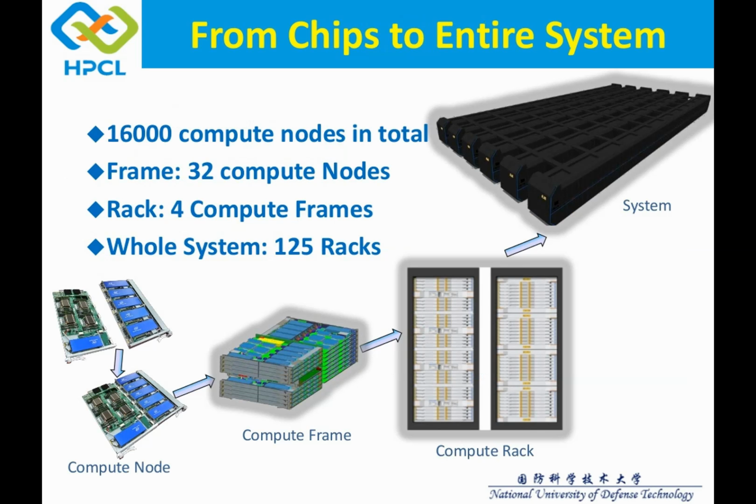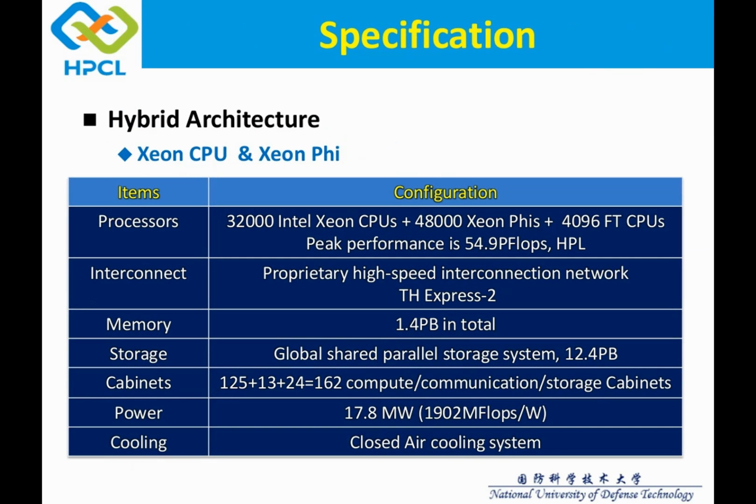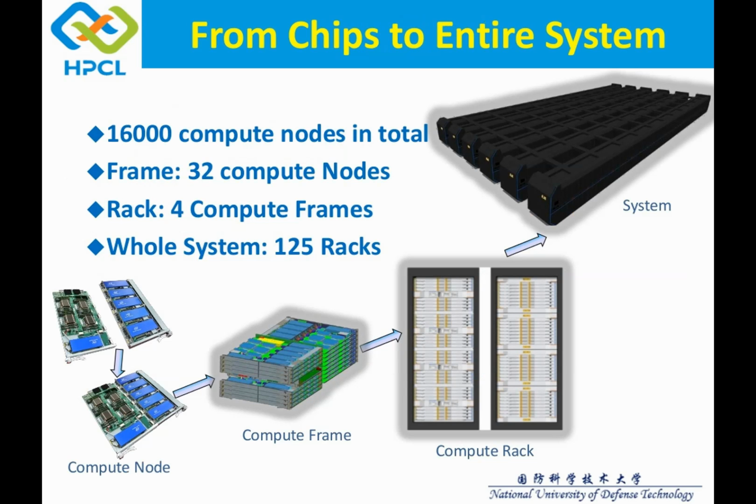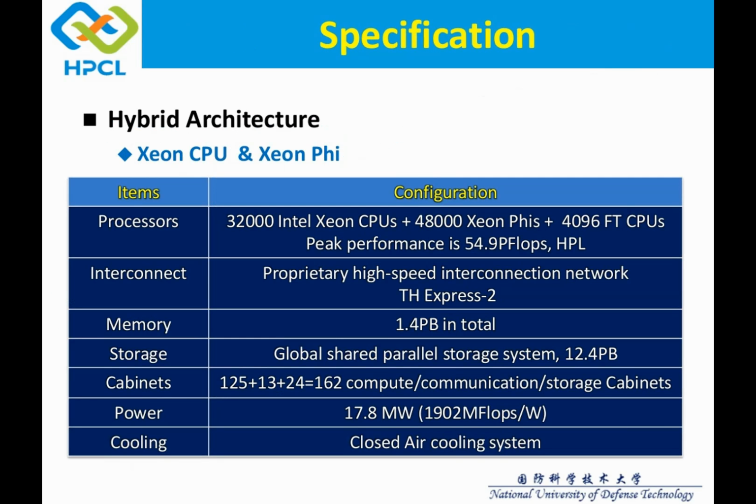Let's see how the different components of this computer are arranged. We said that there are 32,000 Xeon CPUs and 48,000 Xeon Phi CPUs. These are arranged into 16,000 computational nodes. Each node has two Intel Xeons and 3 Xeon Phis.